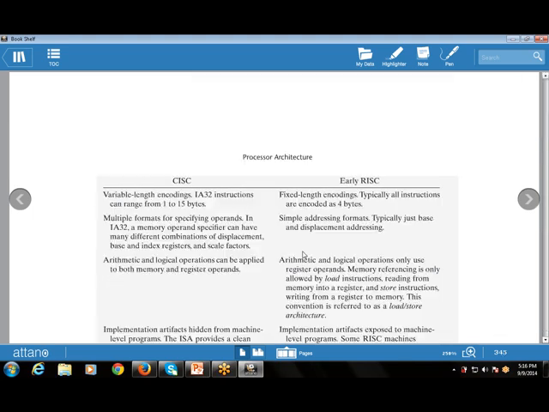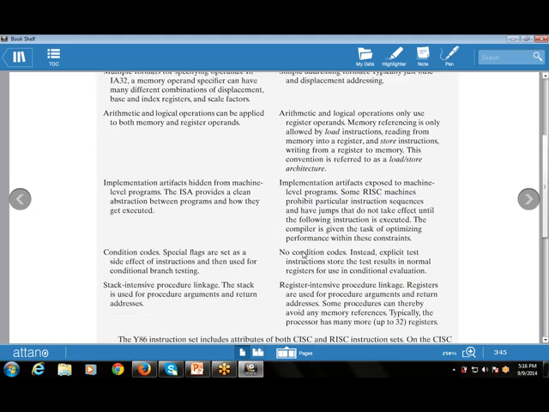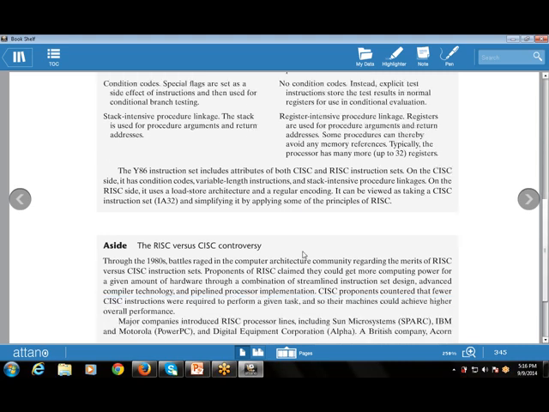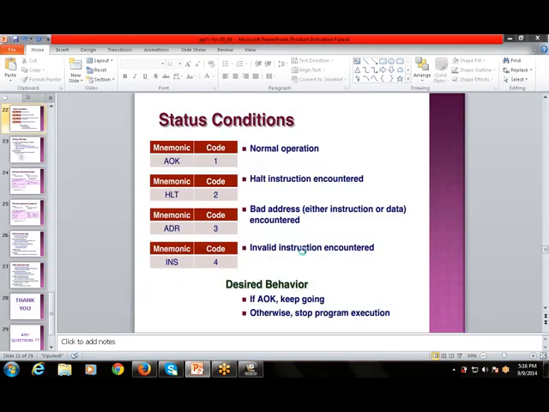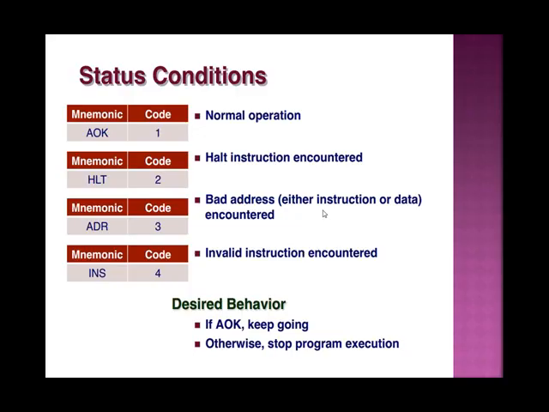Now let's see the next topic, that is status conditions. It means what are the conditions used for showing the status in Y86 architecture. First condition is normal operation. The mnemonic is AOK and the code is 1.